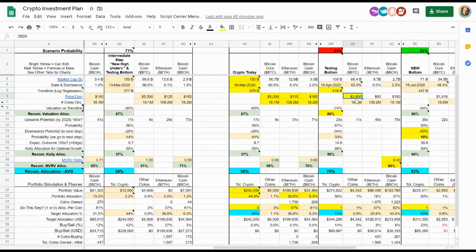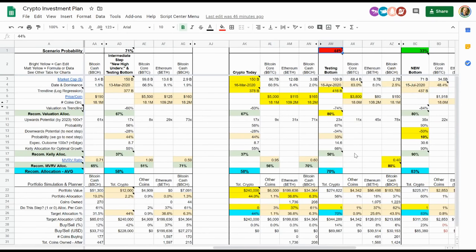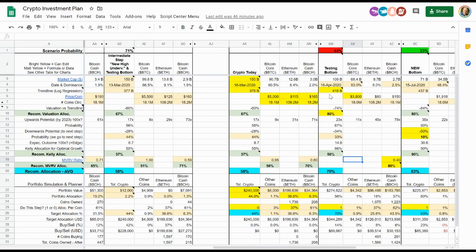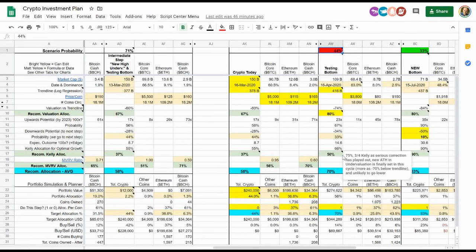And so it's unlikely that we will double test the bottom. Now people hope for that, but that's usually not how it goes. It's a one-time event, and it won't happen again. So I think that we did test the bottom. I was unable to buy there, but for it to test again, I think it's not the same probability. It's not 66%, it's only 44%.